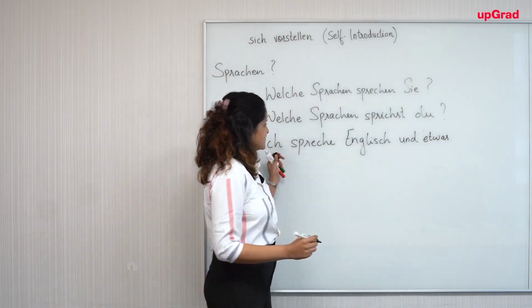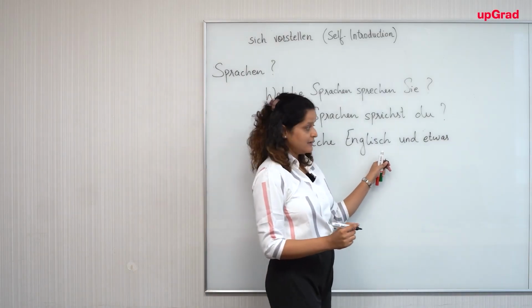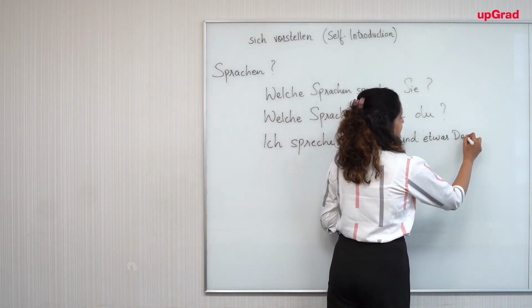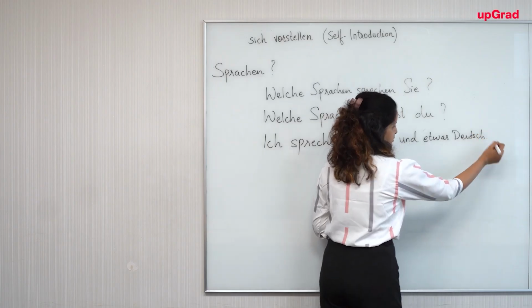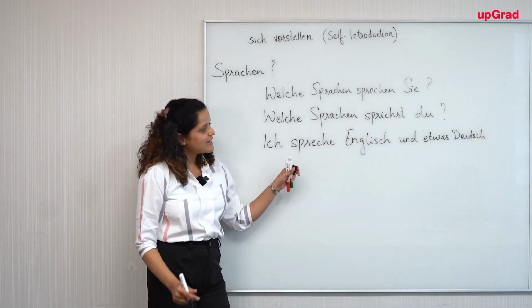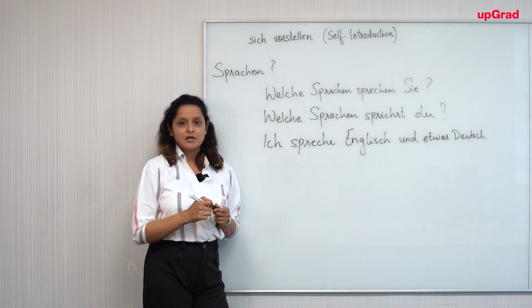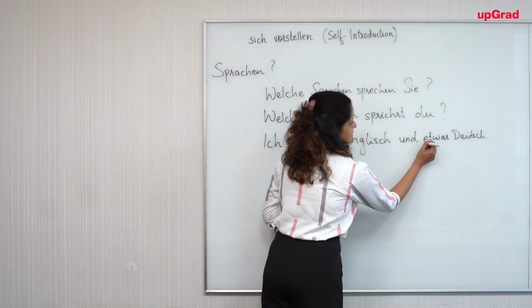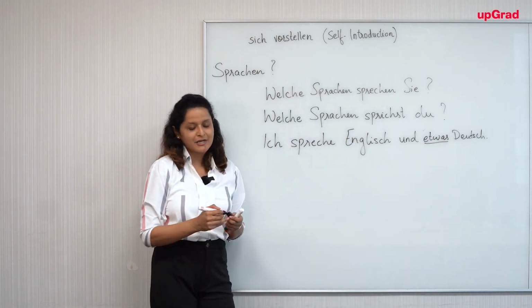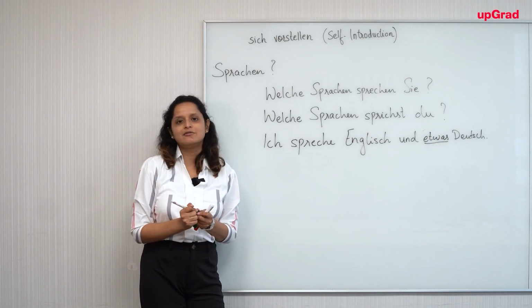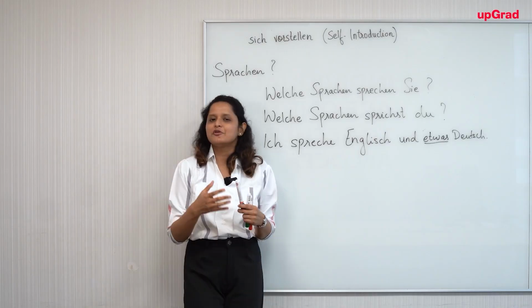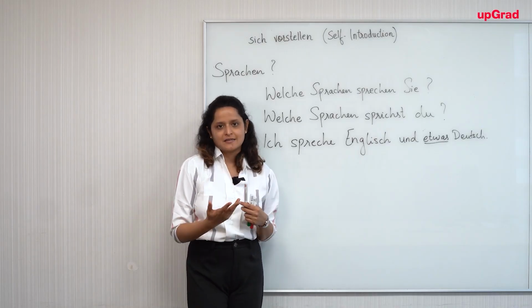So I can say ich spreche Englisch und etwas Deutsch. What this means is I talk a bit of Deutsch. So you can very well skip this if you don't need it, but you can use it if you feel like you need to indicate to the other person that yeah, you're a beginner and you're just starting out.